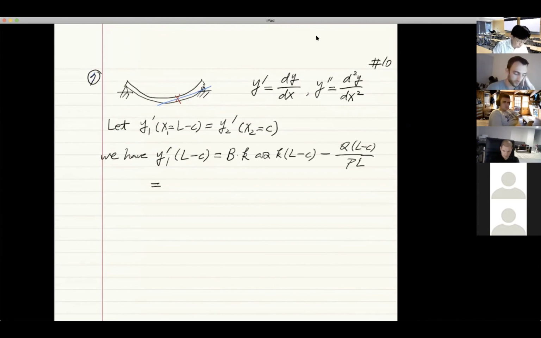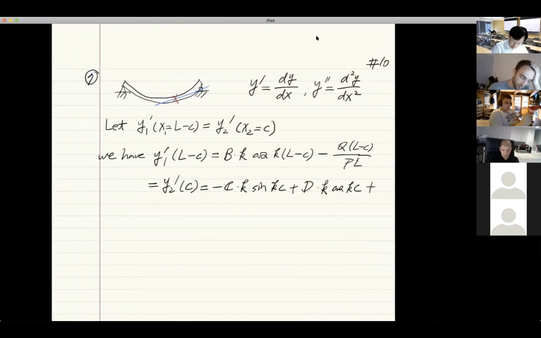This should equal y2 prime when x equals c, which is negative capital C times K times sine Kc plus capital D times K times cosine Kc plus capital Q times c over capital P and capital L. Why does it have K? Because you differentiate sine and cosine with a K in it. So when you differentiate, we take K out. That's why you see K's everywhere here.